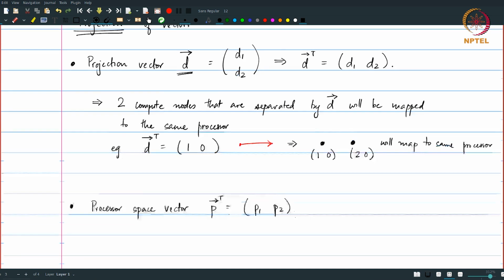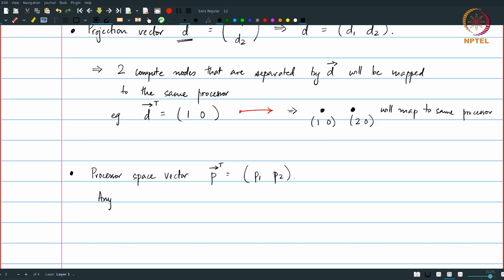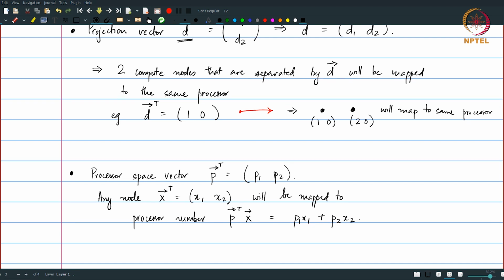How it is defined is to say that any node X which has coordinates x1, x2 will be mapped to the processor number given by P transpose into X. In other words, it will be given by the value P1 x1 plus P2 x2.